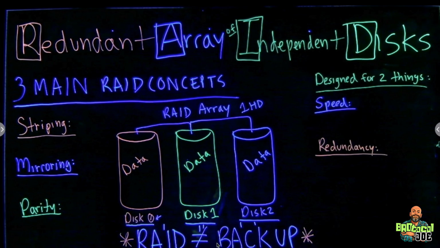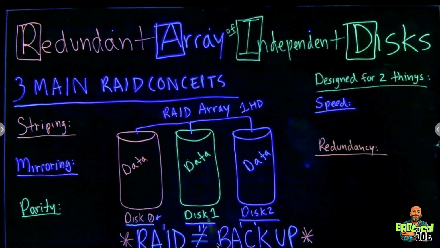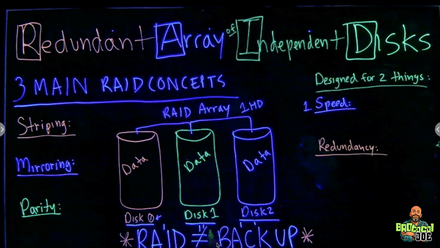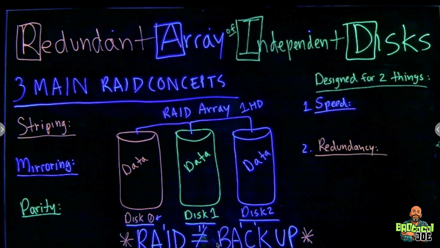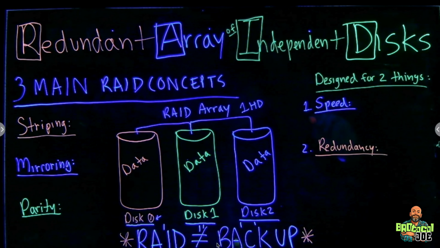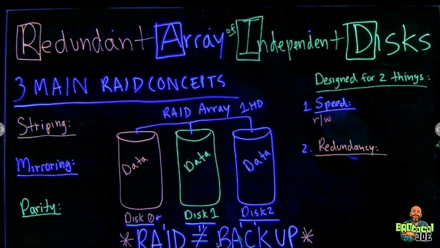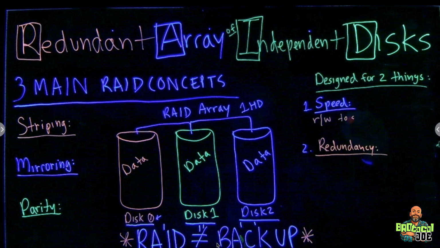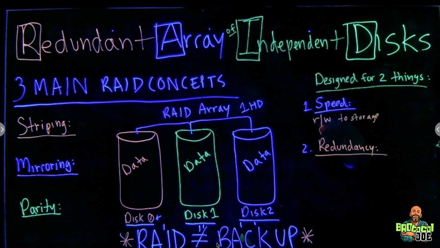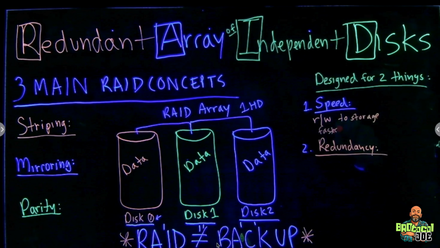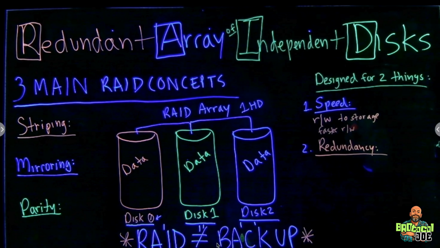RAID systems are designed to improve two main things. The first thing is speed. The second thing is redundancy. When I say speed, speed refers to how quickly data can be read and written to storage. It means faster read-write as well.